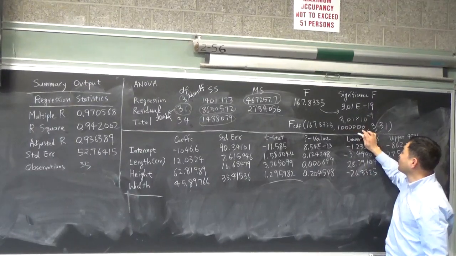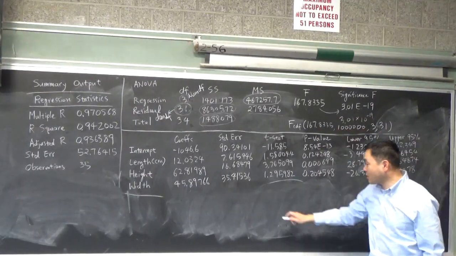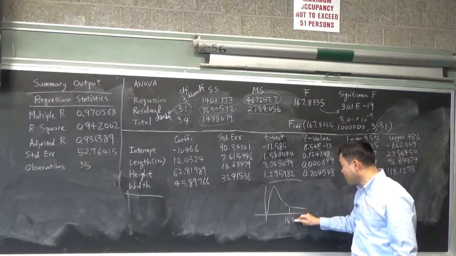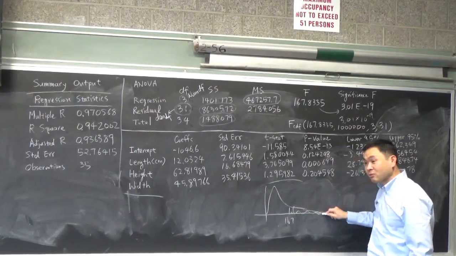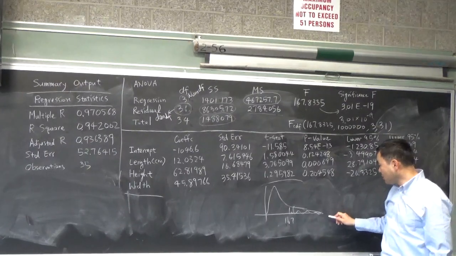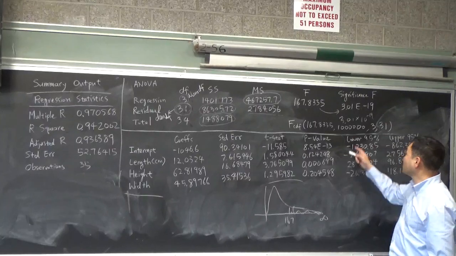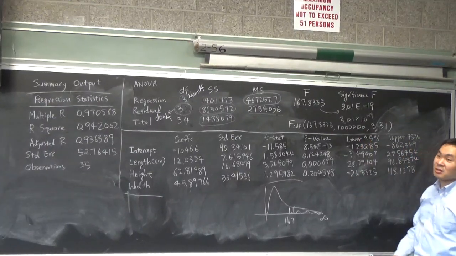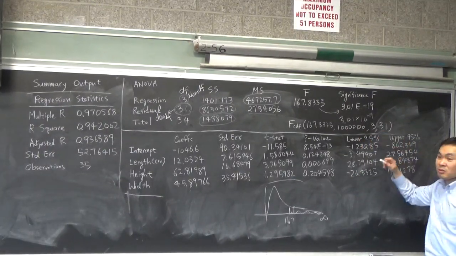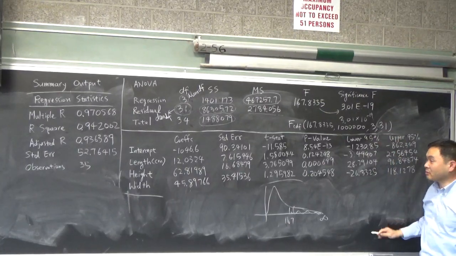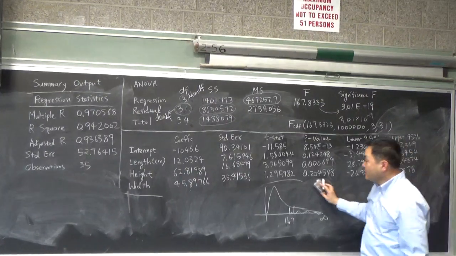This number, you're supposed to have infinity because what you're trying to do is, here's the F distribution, here's 167, and then you have to find this integration, so it has to be infinity. Well, you don't have infinity on a calculator, so you put something like a million. And then 3 and 31, and this is numerator degrees of freedom, denominator degrees of freedom.